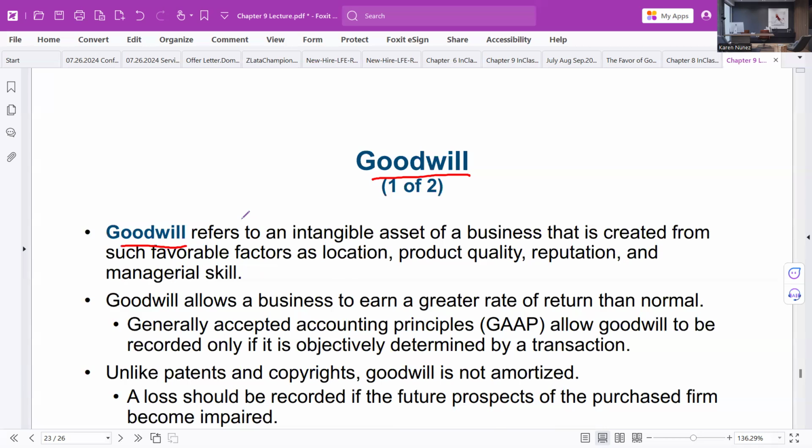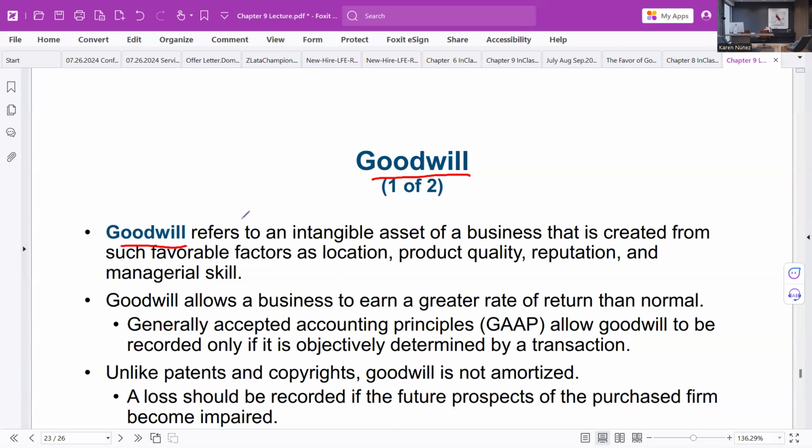So, say for example, they pay $1 million for something that only has assets of $500,000. Well, why would you pay $1 million for something that has assets of only $500,000? You could sell those assets for $500,000. Why would you spend $1 million on those assets?